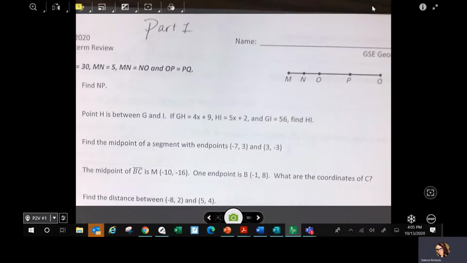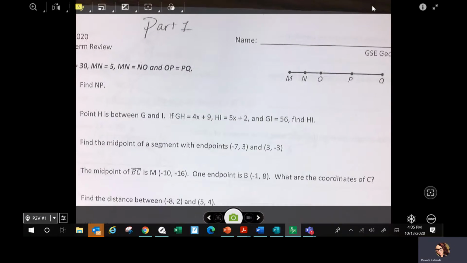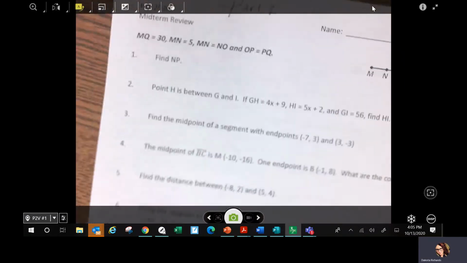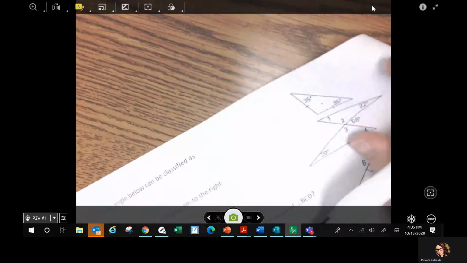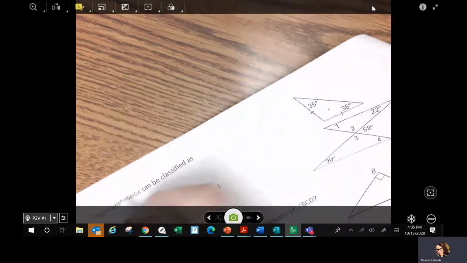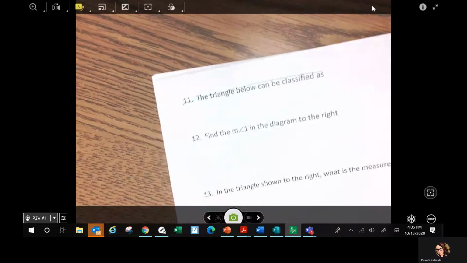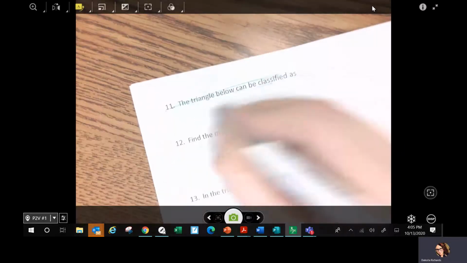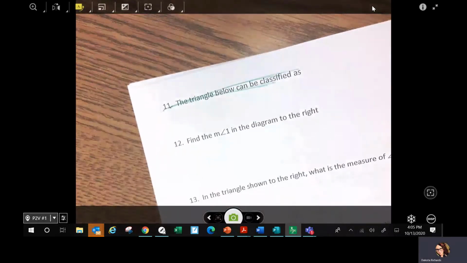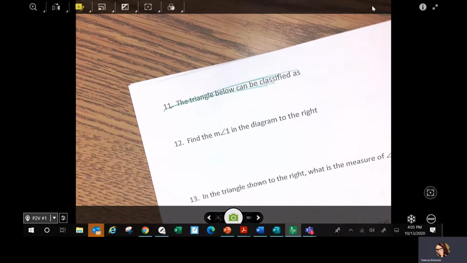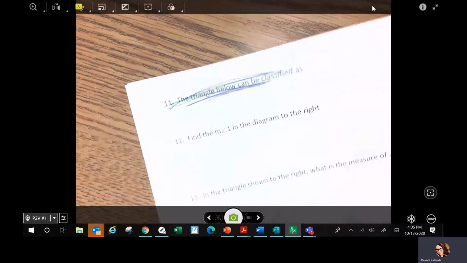So first thing, I want to go through the questions that you need to cross out on your midterm review. So on part one, we are not going to do question 11. Don't do question 11. You are not going to do question 17.